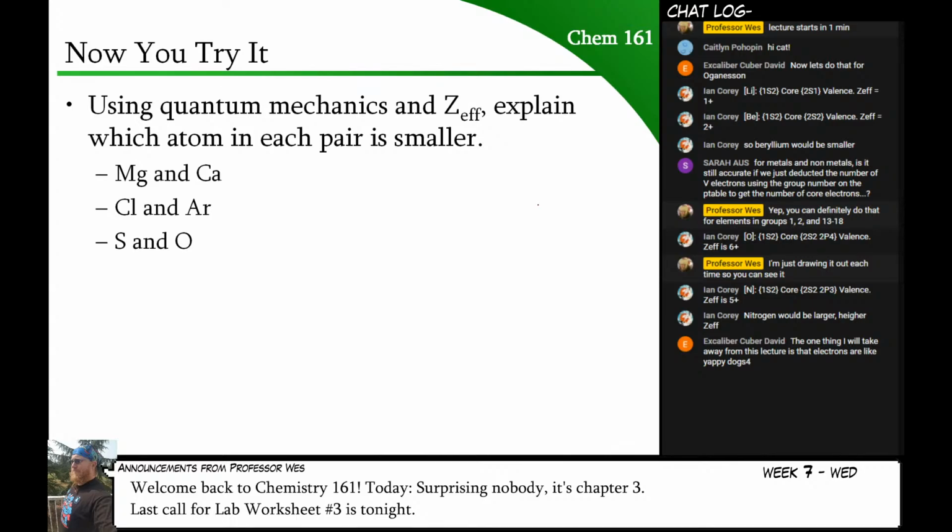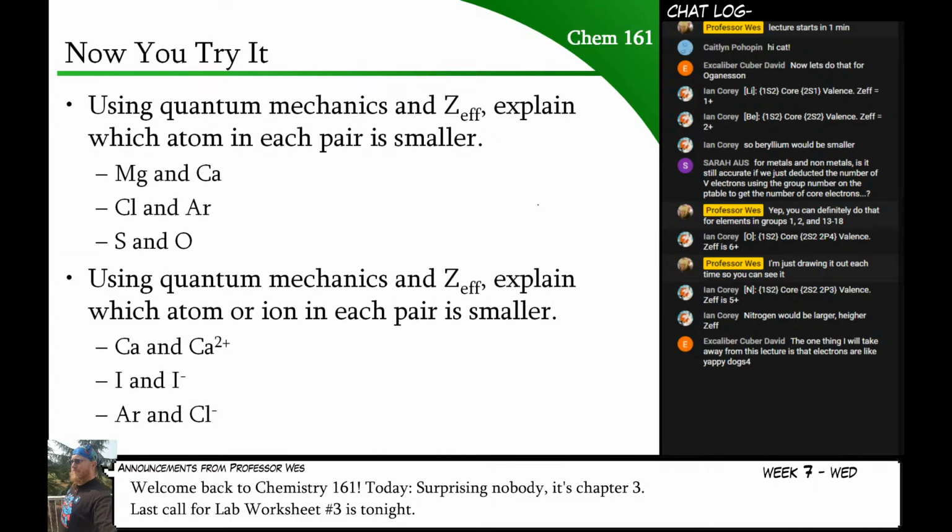All right, so what I want you to do, I have more of these on here? Yeah, I do. Okay. What I want you to do is, using quantum mechanics and Z effective, so whenever I say using quantum mechanics, really what I mean is using this, and also Z effective. So this is quantum mechanics, those two things.